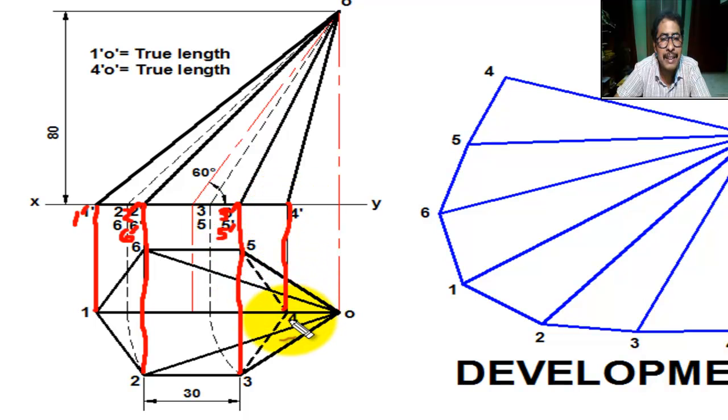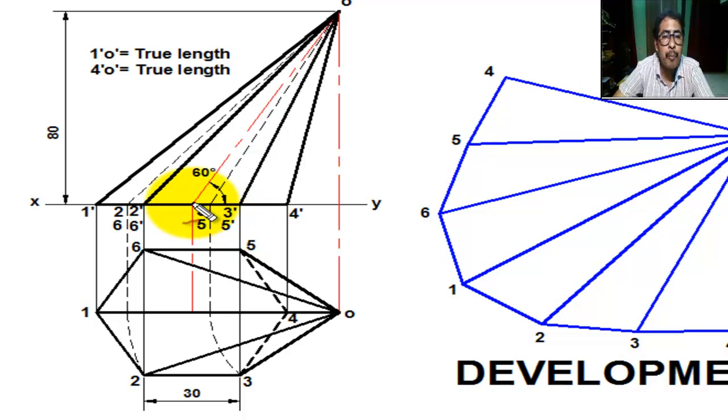Mark this point 4 dash. From the center of the hexagon, draw vertical projection line up to XY line. We find the center by joining any two corners; we get the center.